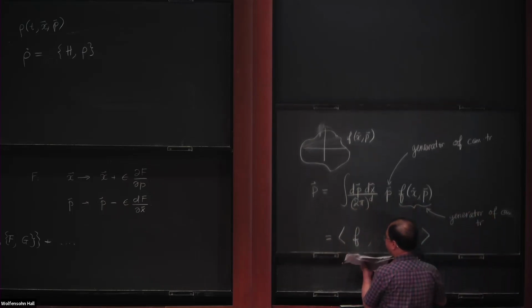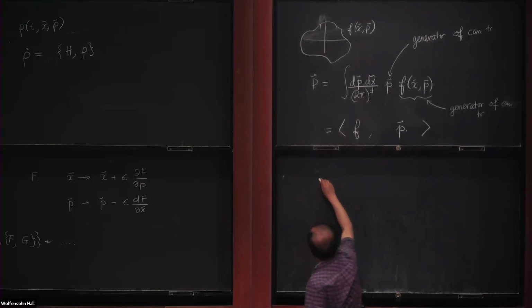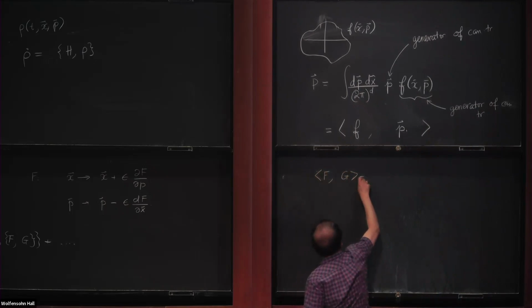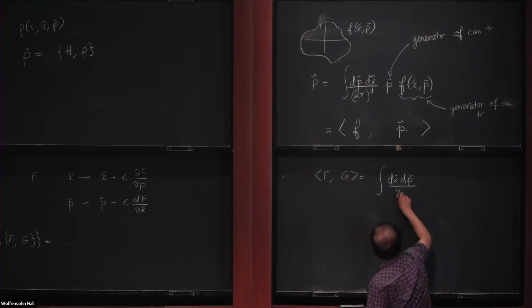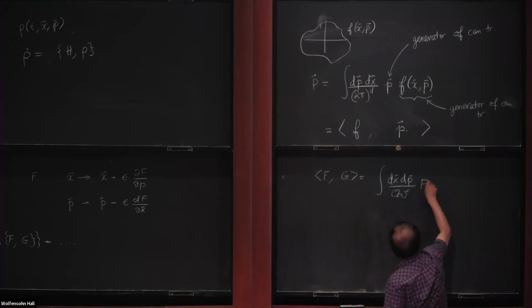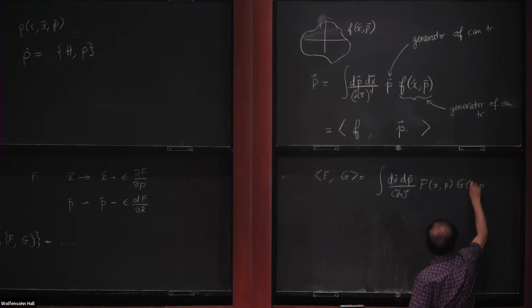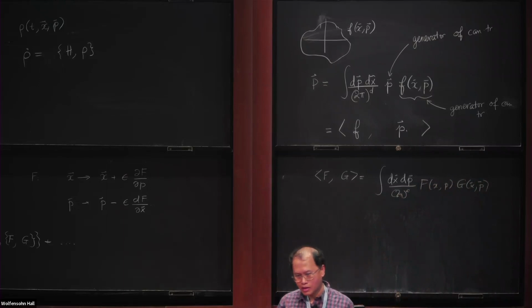Here I have defined in the Lie algebra the scalar product. The scalar product of two generators is simply the integral over phase space of f of x and p times g of x and p. And one can check that this scalar product is invariant under canonical transformation.